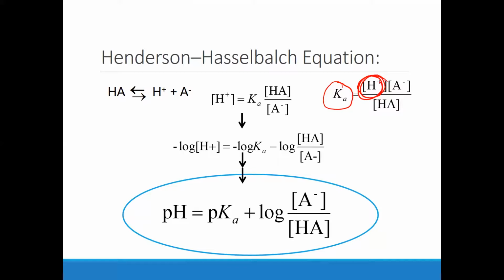The pH of a solution is equal to the pKa plus the log of the concentration, remember again, this means conjugate base, the concentration of the conjugate base over the concentration of the conjugate acid, which is usually the starting acid.